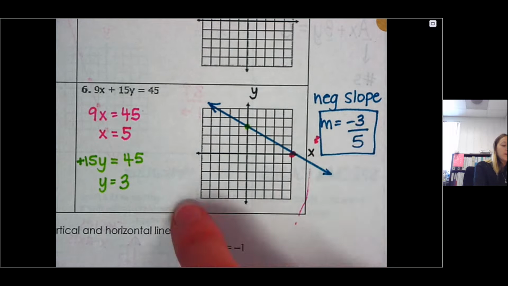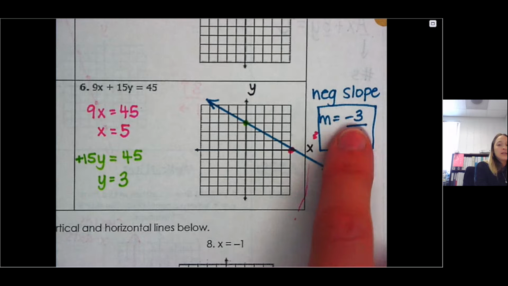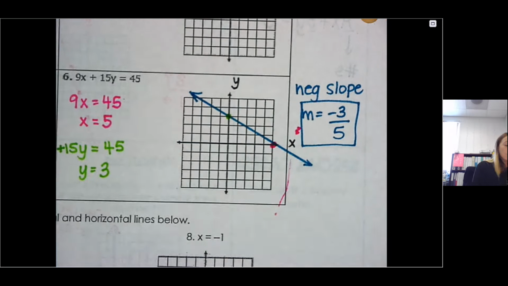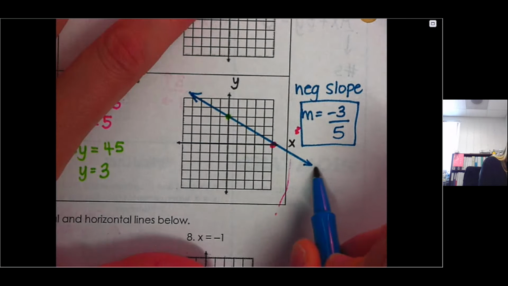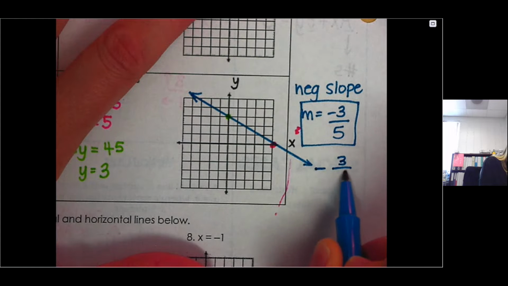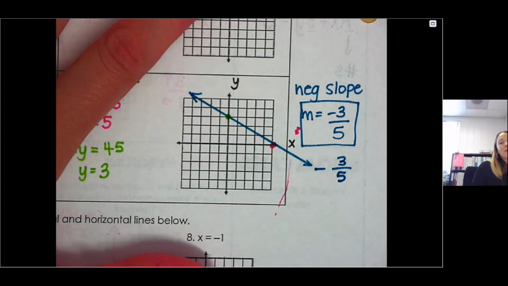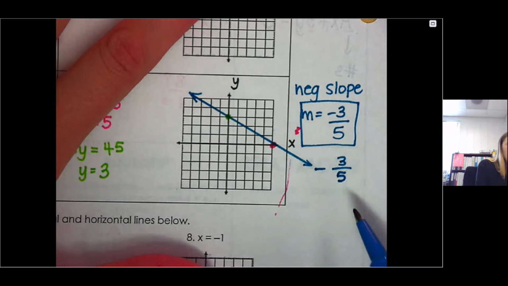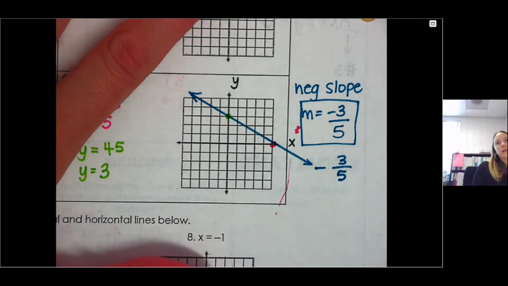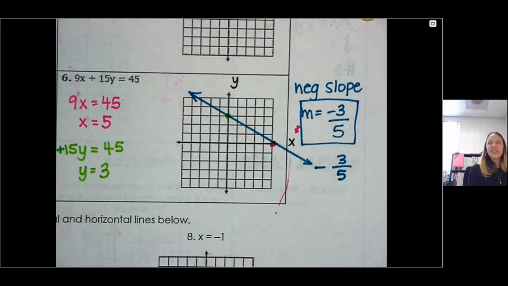If it's going the opposite way, then that's a positive. So this right here, negative 3 over 5, you can also write this like this. That means the same thing. I'm just saying that this is a negative slope, so I have to have a negative sign somewhere in there. I'm just saying the whole thing's negative. Does that answer your question?